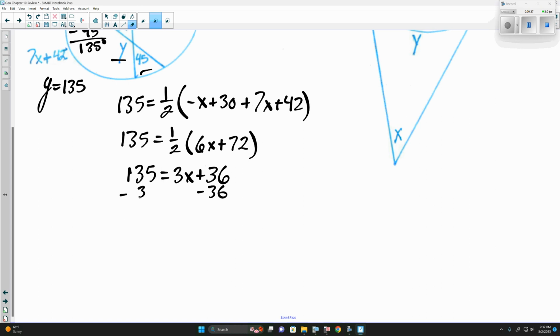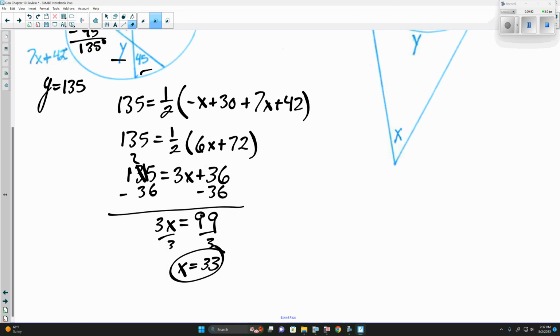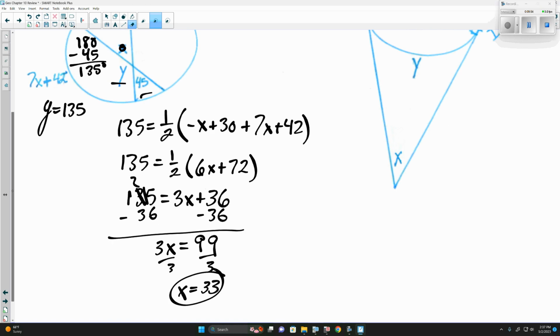Minus 36 from both sides, telling us that 3x is 99. 99 divided by 3, x is 33. I really need to remove this x from it because this is what the answer should be, 135 and 33. I keep forgetting to remove that x.